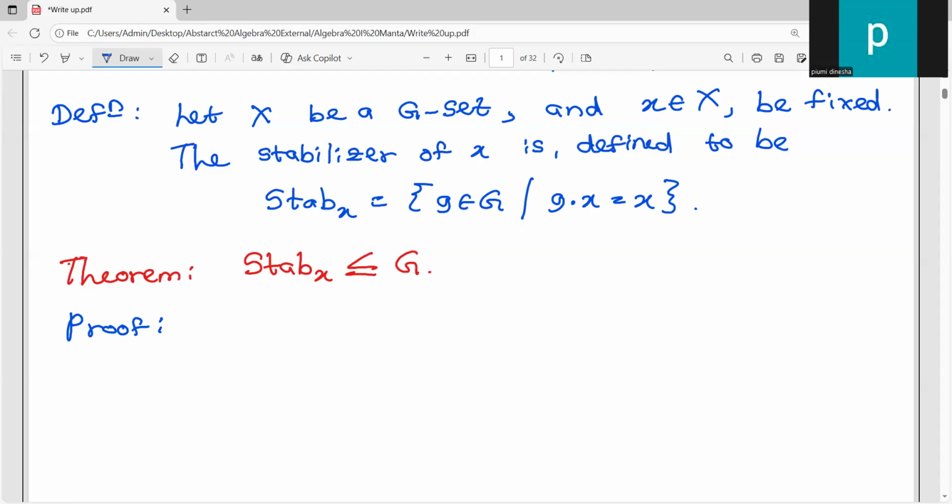From that, e dot x is equal to x by the properties of the group action. Exactly. For every x, we will always have the identity dot x equal to x.